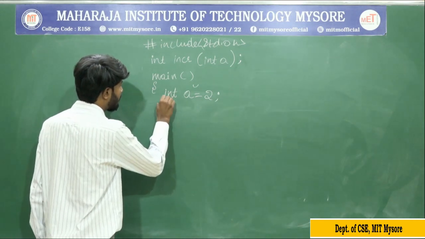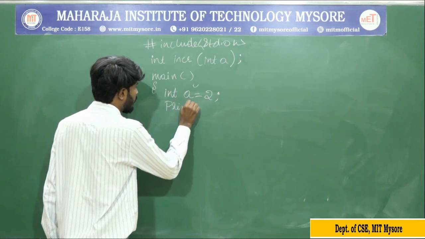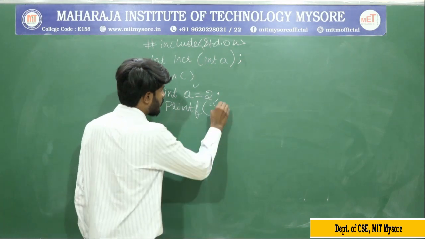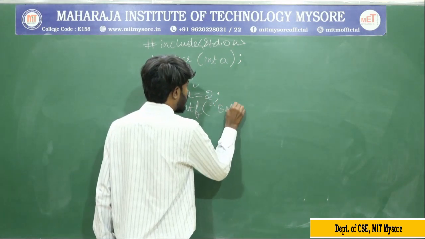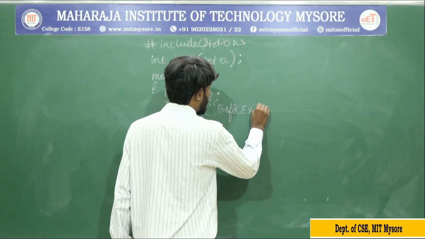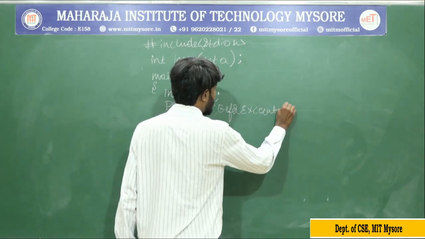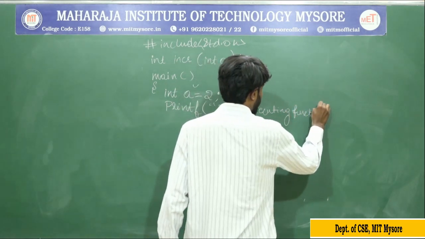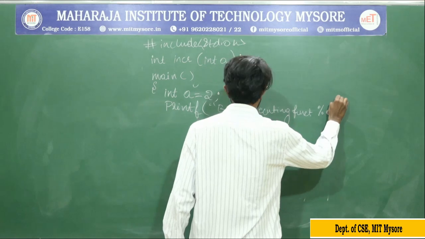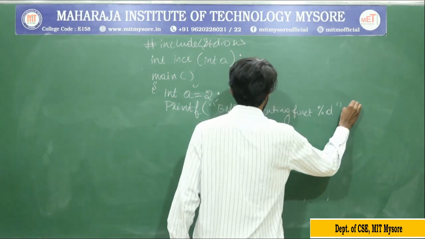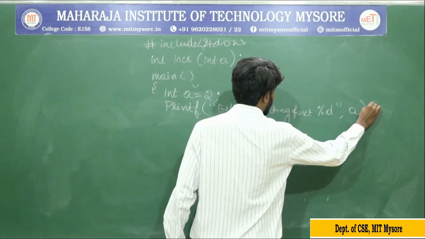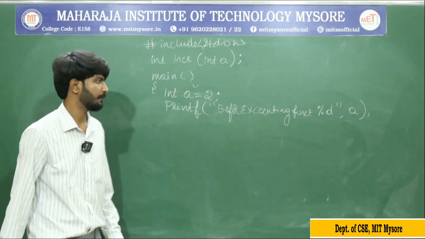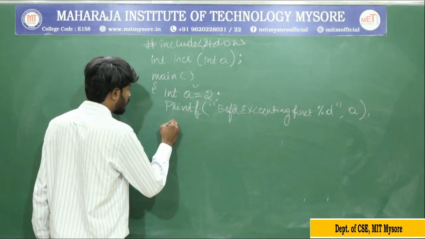Then I will print, before executing the function, the value of a. Then I will call the function.